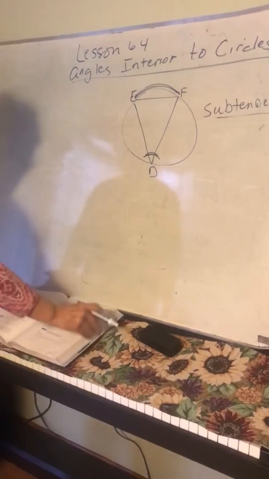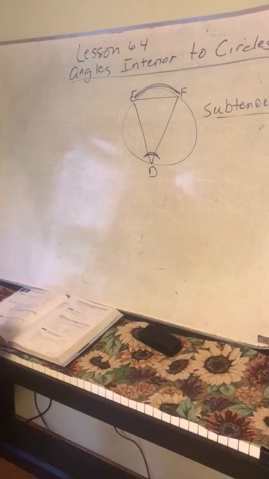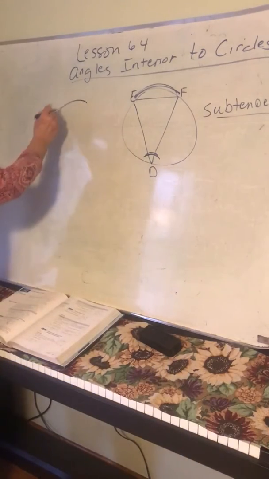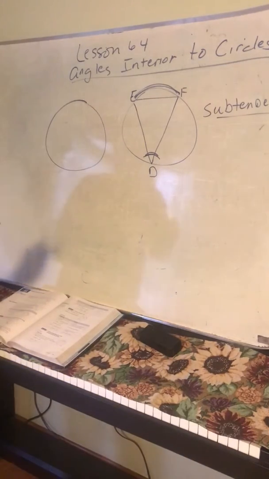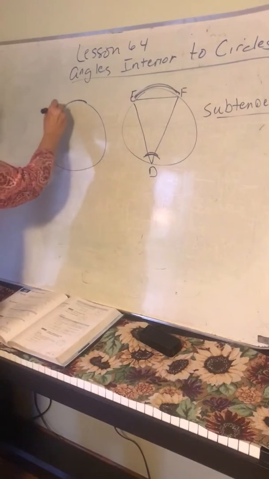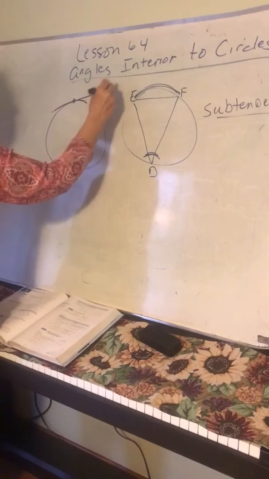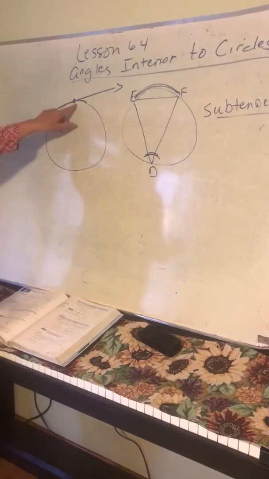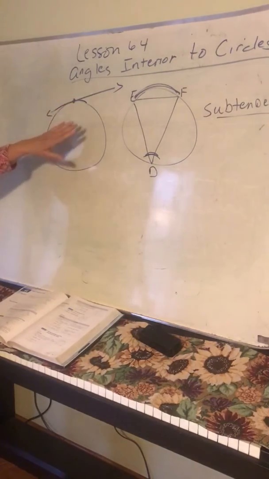But now we are going to look at circles that have tangent lines. We learned what a tangent line was: there's just one point that hits the circle.